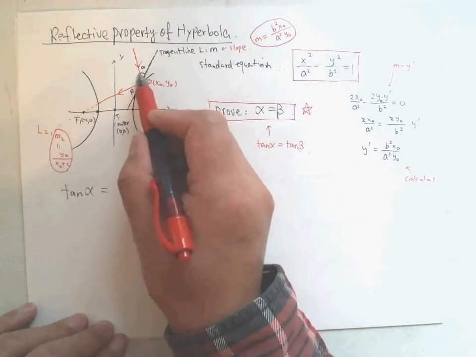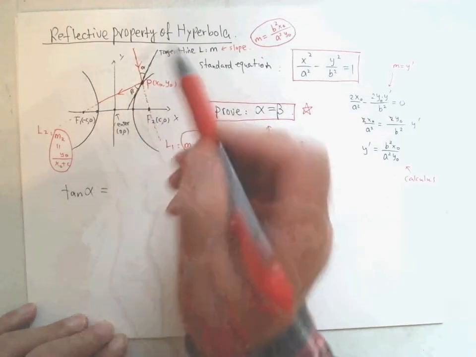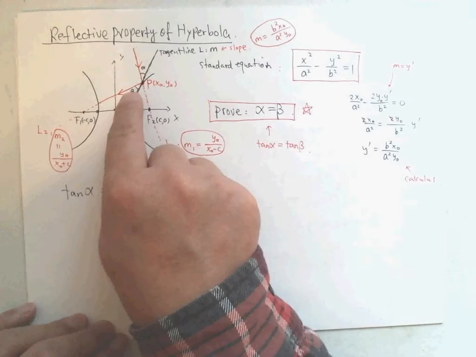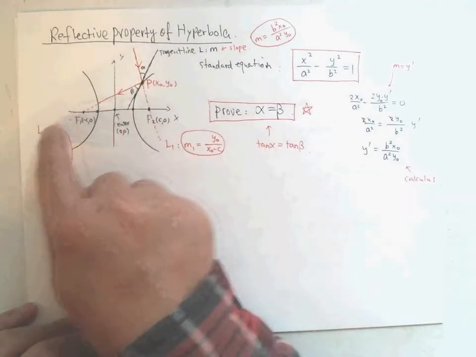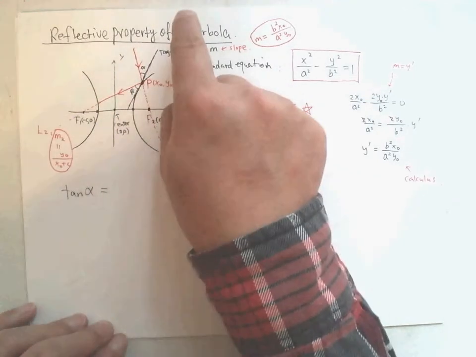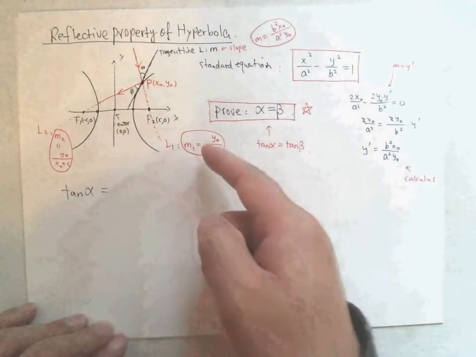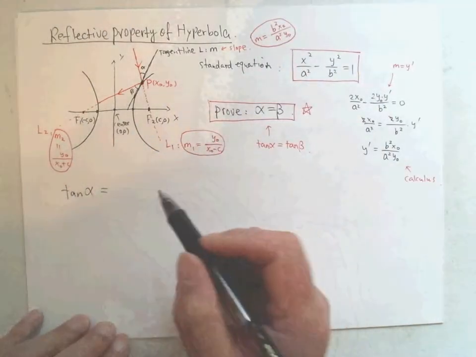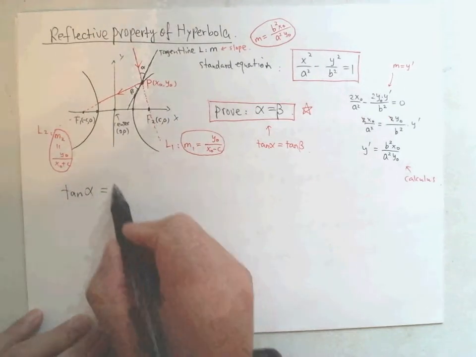So we use the formula for the angle between two straight lines. Beta is the angle between L2 and L. We can find it because we know all the slopes there. Now what is left is calculation. Tangent alpha is this.